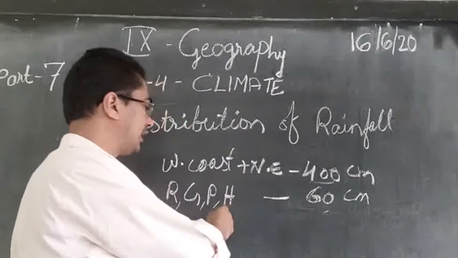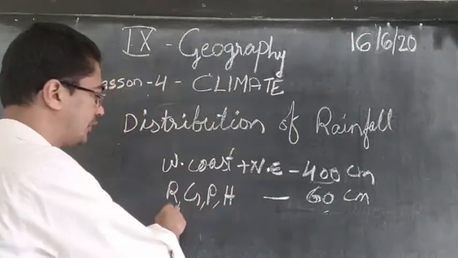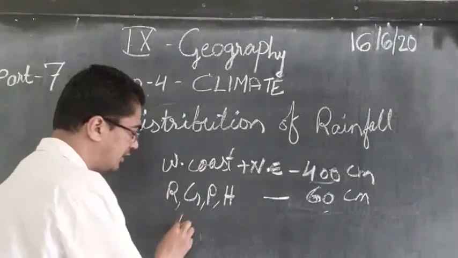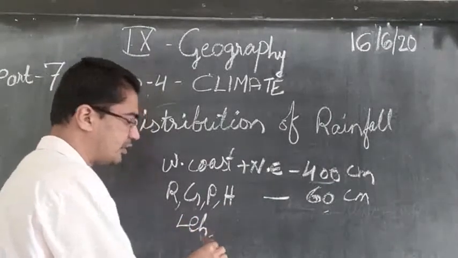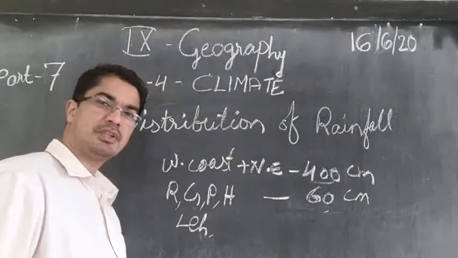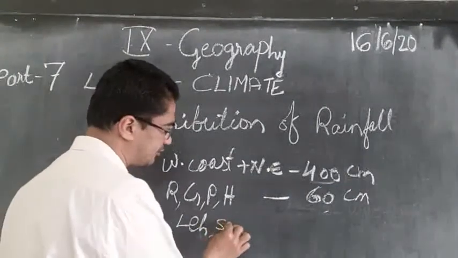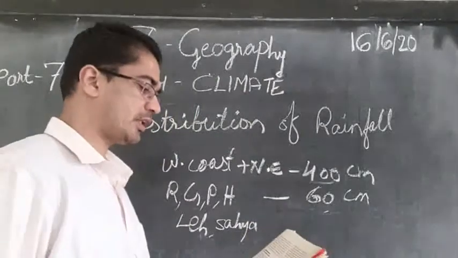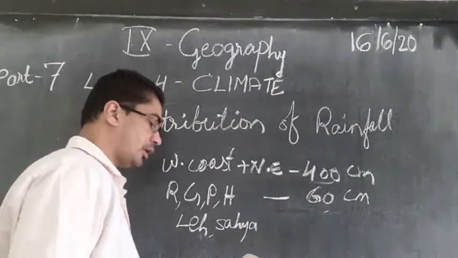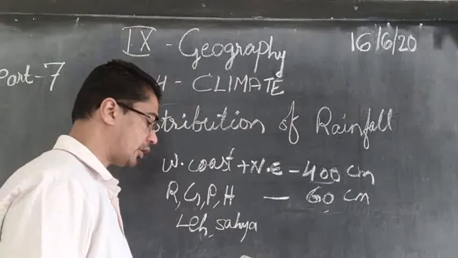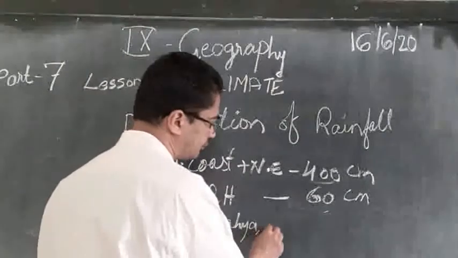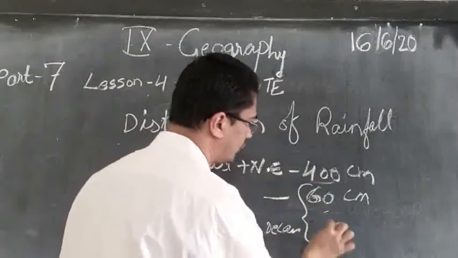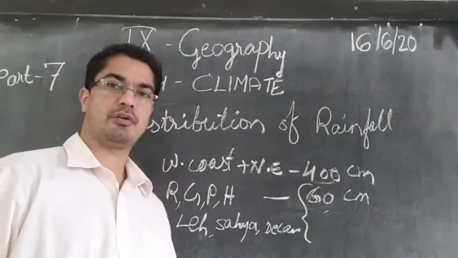Other areas like Rajasthan, Gujarat, Punjab, Haryana, then Leh in Jammu and Kashmir, then the Sahyadris, and the interior of the Deccan Plateau, they also receive very low rainfall.